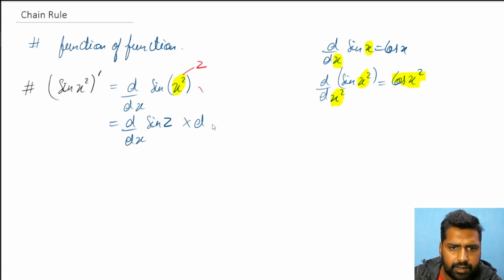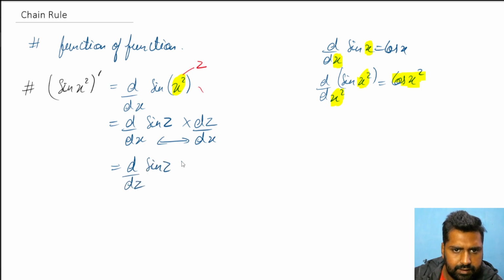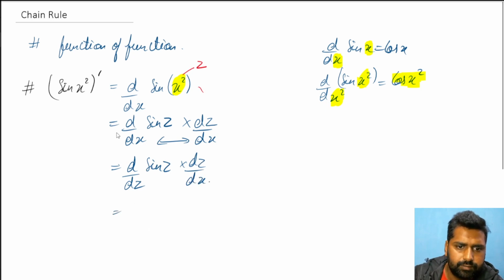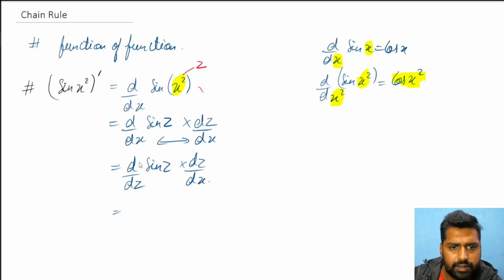Now multiply by dz/dz and interchange the position of these two. So what do we get? d/dz of sin z into dz/dx. Now directly we can solve this one. d/dz of sin z is cos z.